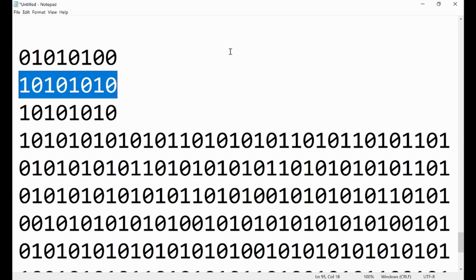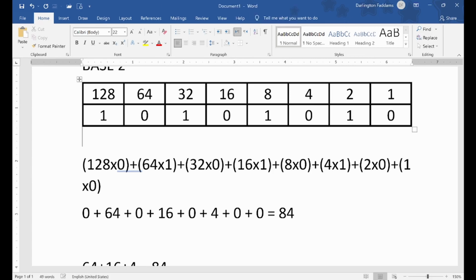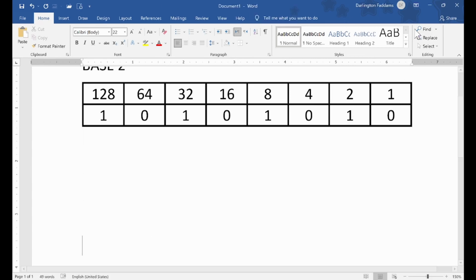The code is 10101010. All you have to do is to feed it into this table. This is our magic table. We'll feed every code into it. It's 10101010. So let's just focus on the ones.